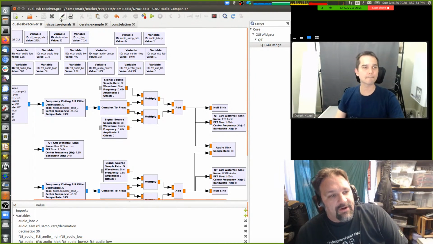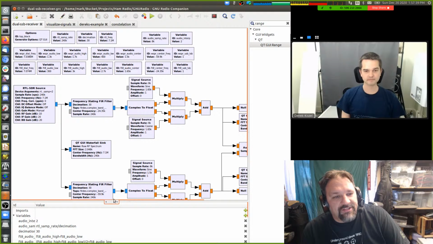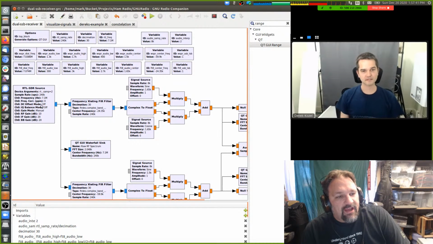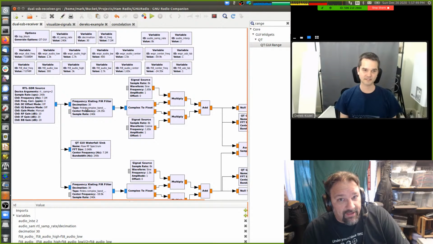Gotcha. So I'm trying to do a dual single sideband receiver. The goal of this project that I already had up was, I've got my RTL over here. I'm using a frequency translating FIR filter, which is bloody magic, by the way. There's an entire wiki page on the GNU Radio wiki that describes all the things that a frequency translating FIR filter does.